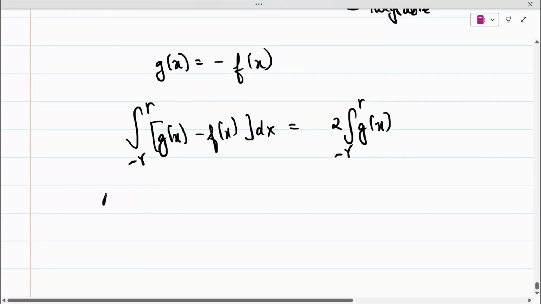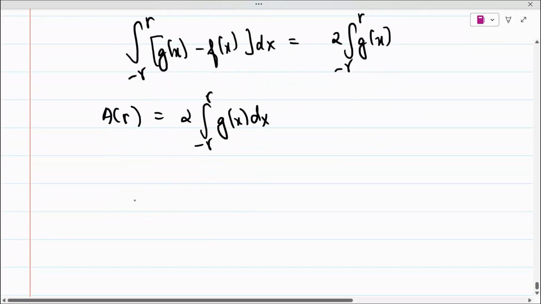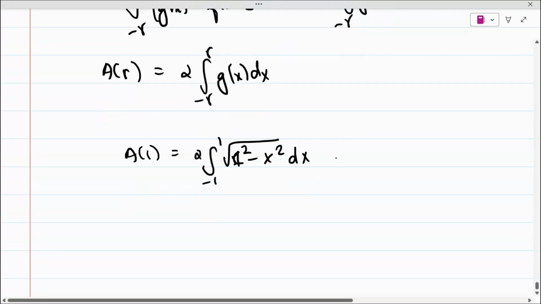Now say the area of this is a function of r. Now say A of 1 is equal to this, which is 1, and this, say, is equal to pi.